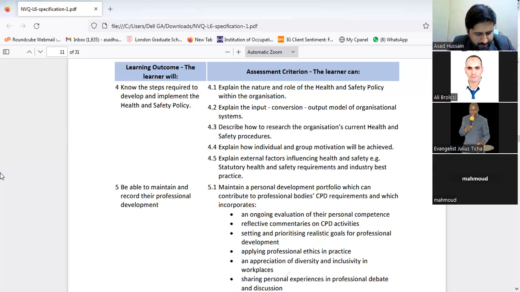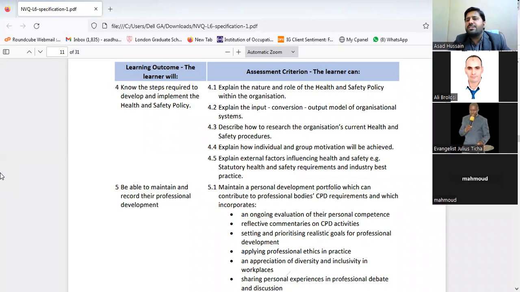Okay, fine. Now we have 4.2, explain the input conversion output model of organization system. So what kind of input, conversion and output system do you have in your organization? Simply, what type of model you have in your organization, like how you are inputting the information, the conversation, and converting them to the output.